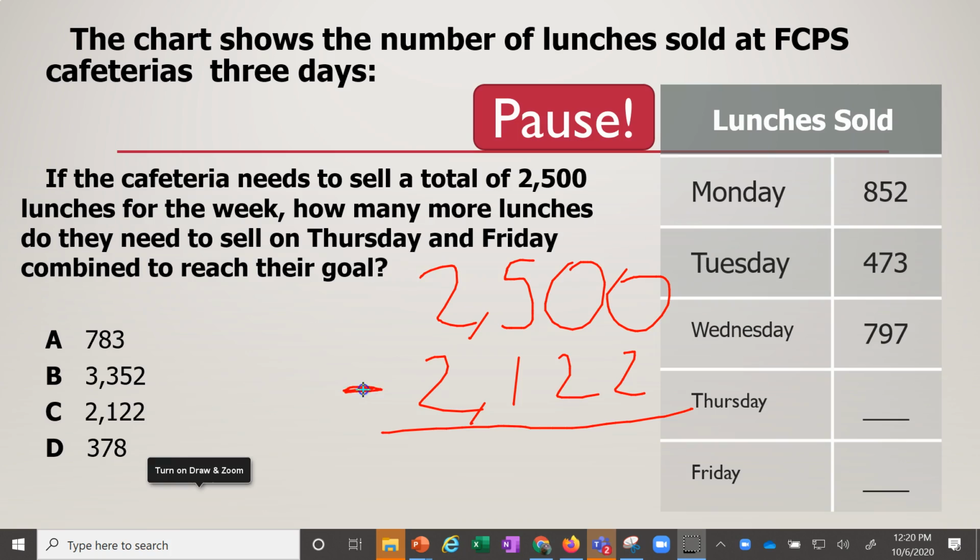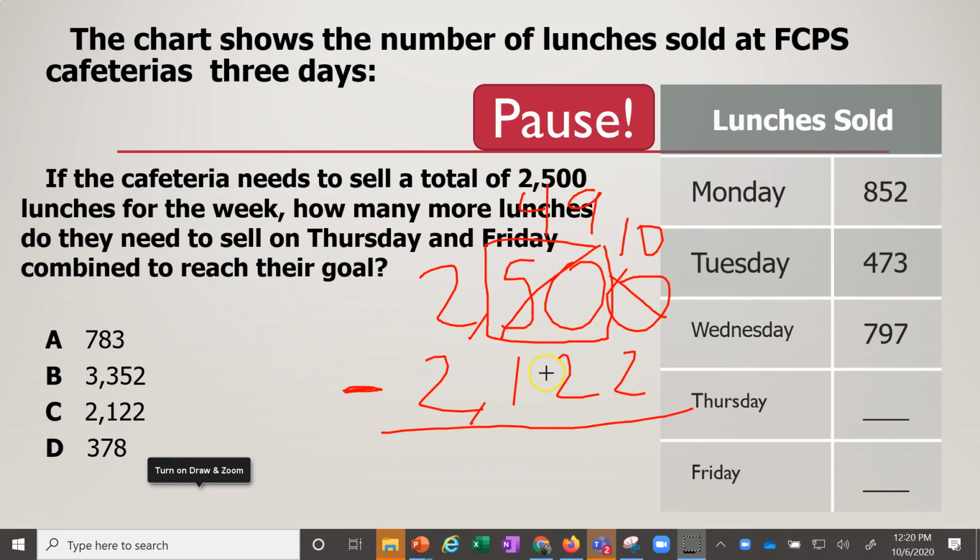Well, to figure that out, we need to subtract. 0 minus 2 is not 2. We need to make this a 10. We need to go next door and borrow from a 0. What do we do when we borrow from a 0? We box it with the next number. We borrow from 50 and get a 49. Hopefully you can read that.